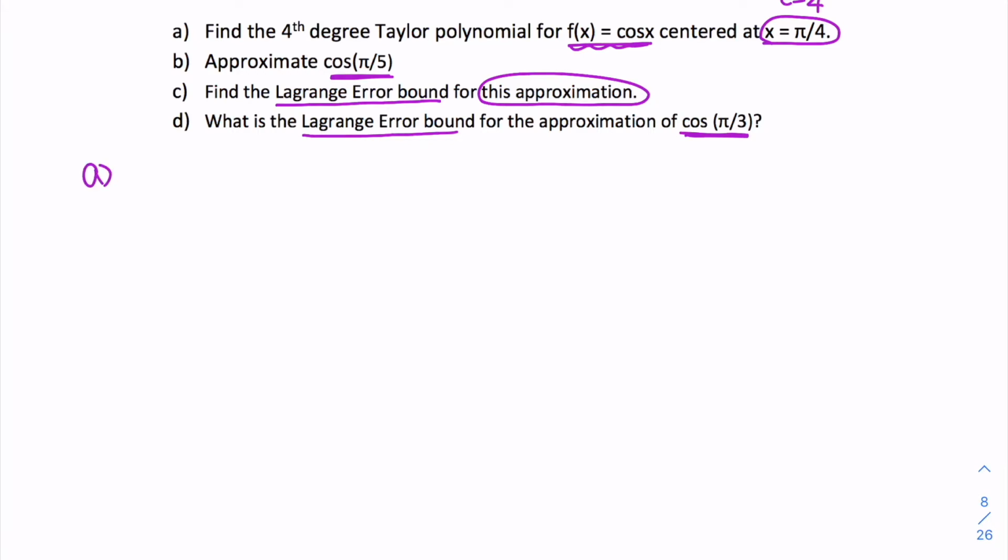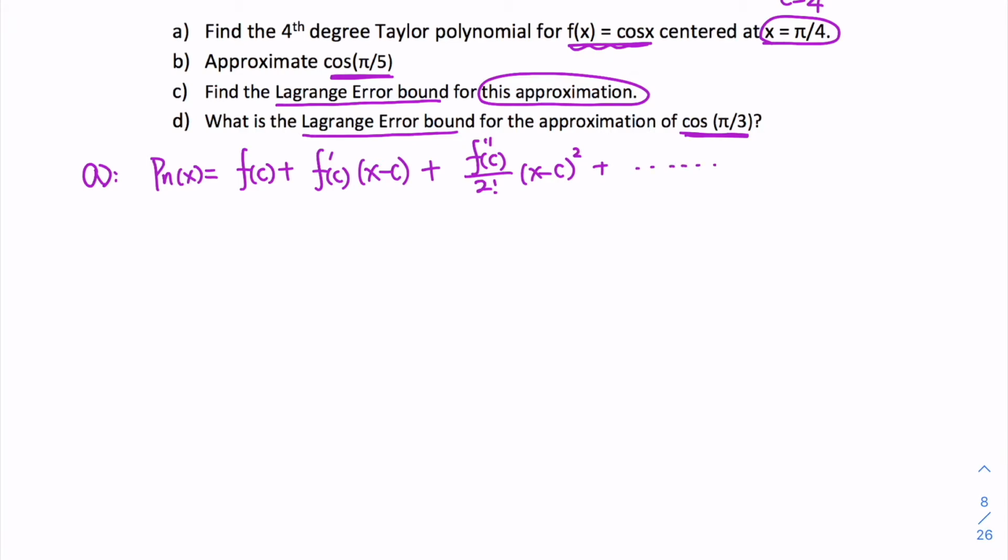So A, we are doing the Taylor polynomial, so Pn of x equals f of c plus f prime of c times x minus c, and so on. Now the center equals pi over 4, and we are doing the fourth degree Taylor polynomial.